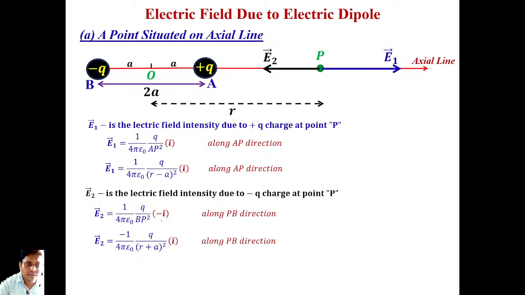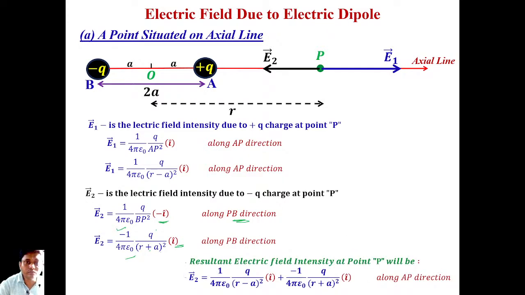Here minus i cap indicates that the direction of the electric field intensity due to the negative charge will be along the negative x-axis direction. Here also I suggest that you either write minus i cap or along PB direction.